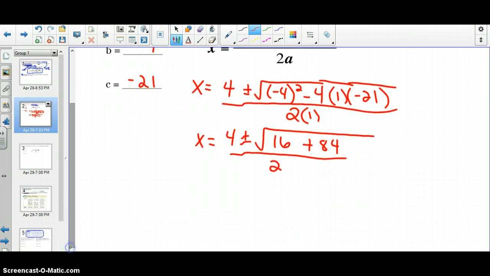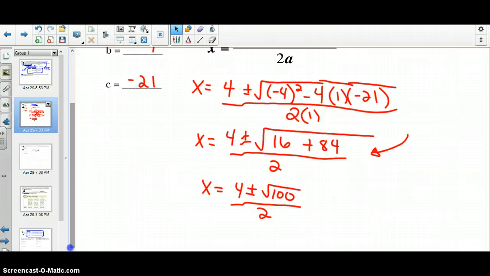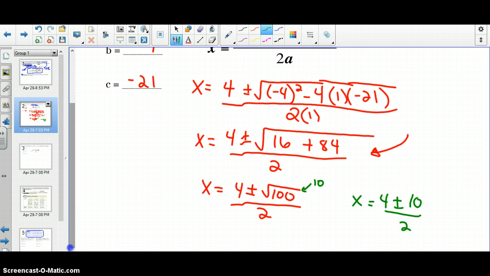So underneath the radical here, I'm going to combine those two terms. So x equals 4 plus or minus the square root of 100 divided by 2. Now we all know what the square root of 100 is, and that's just 10. So I'm going to say x is equal to 4 plus or minus 10 divided by 2.